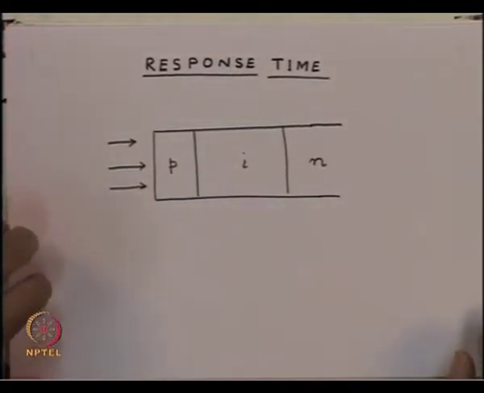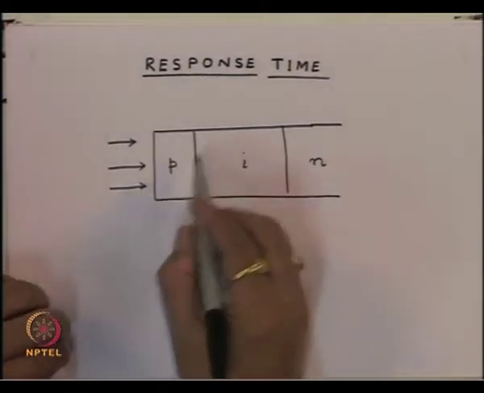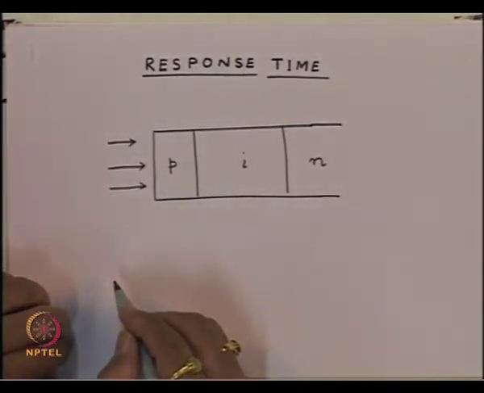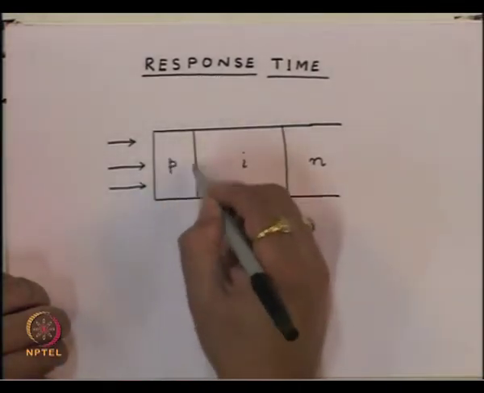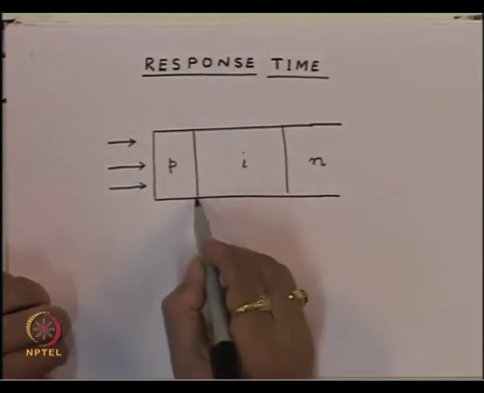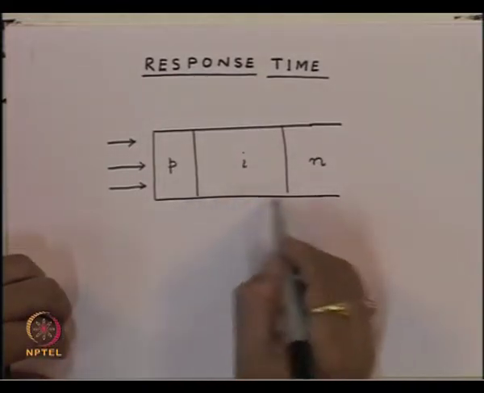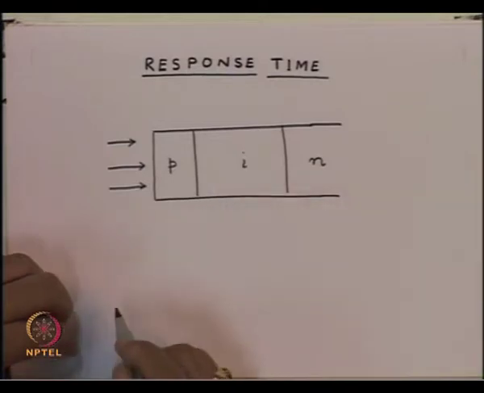Now, as we discussed earlier, the photon might get absorbed in this region here, but in this region there is no electric field. Most of the electric field is present in this intrinsic layer, or most of the potential drop is across this layer.